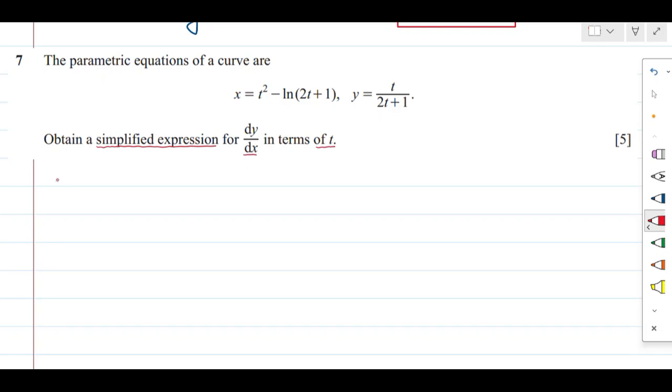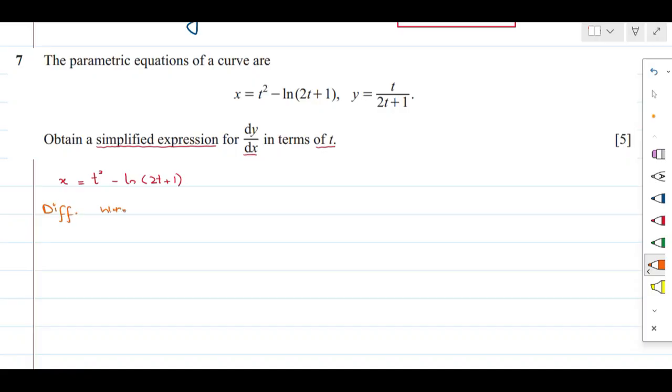So we have the function x, which is x is equals to t square minus natural log of 2t plus 1. Okay. Now we have to differentiate this function with respect to t.